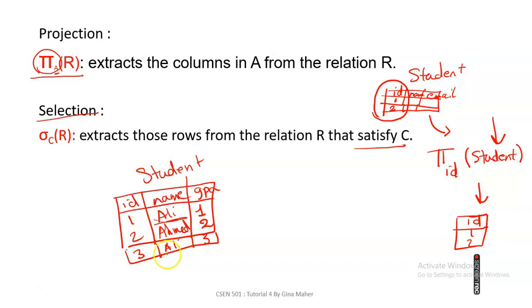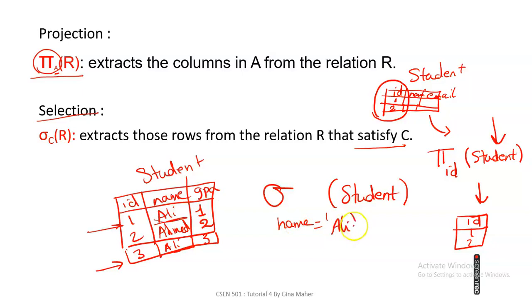In this case, we want to extract two tuples, this one and this one. Okay, so we can do this by the selection operation. Select from relation student. And what is the condition we want? Is name equals Ali. So here we will write name equal Ali. So in this case, we are going to extract all the rows in student that satisfy this condition.